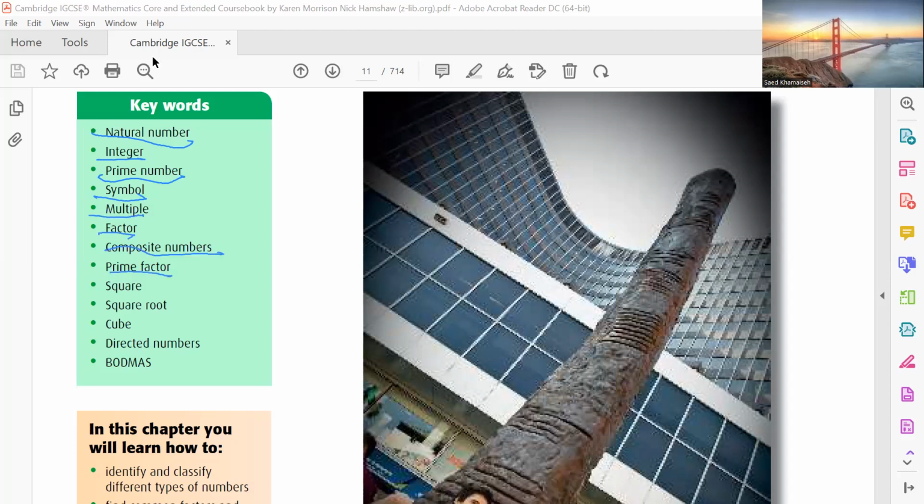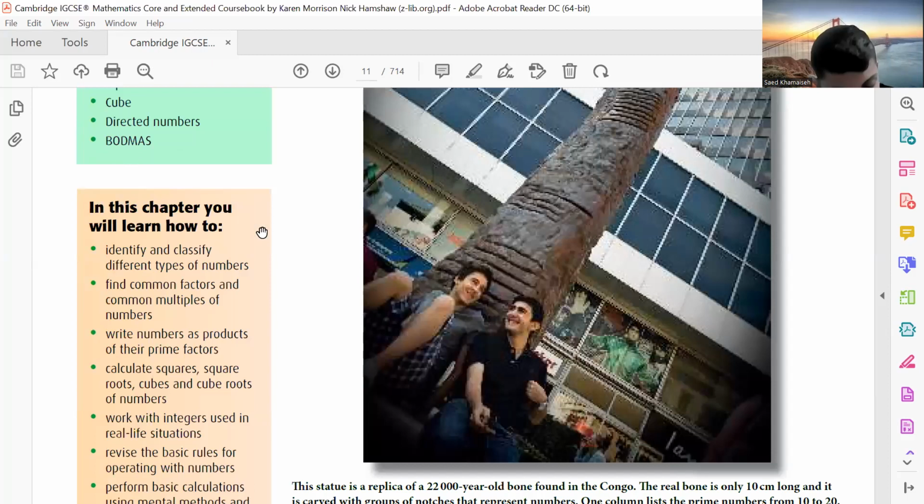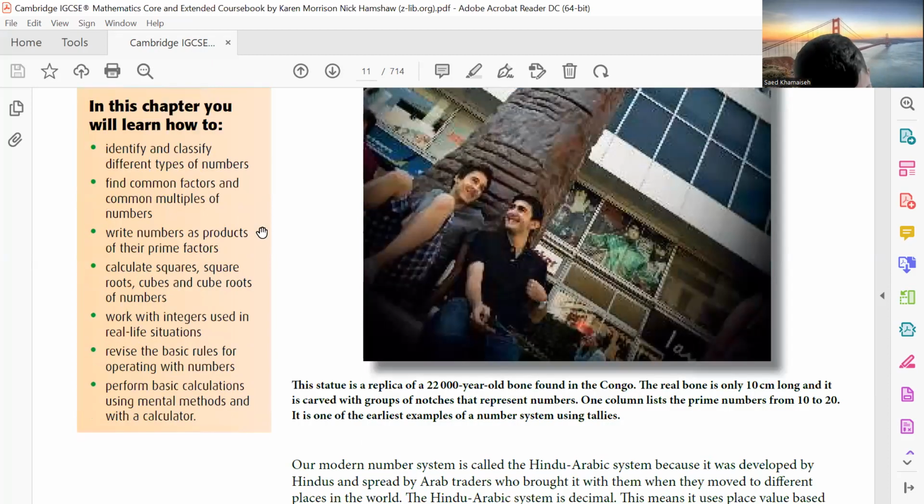The prime factor, square, square roots, cube, directed numbers, BODMAS, and there is another keyword. That is an important keyword. Okay. In the chapter, we need to know this.